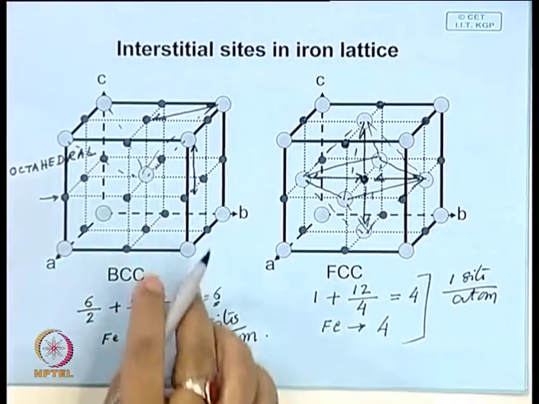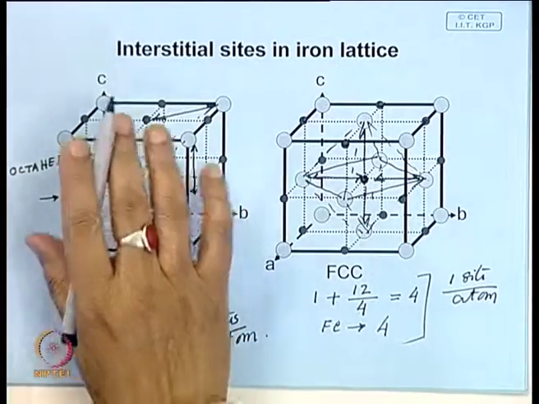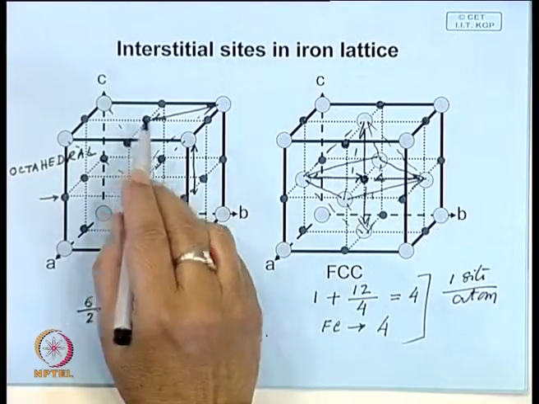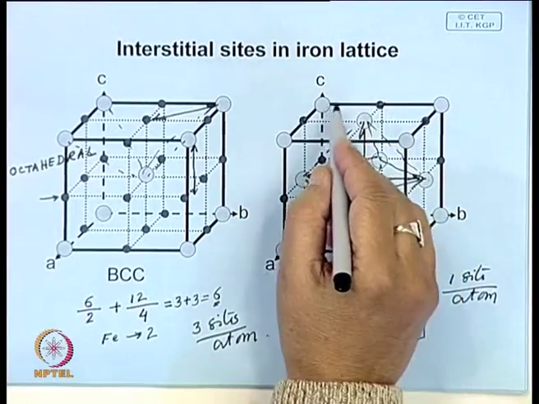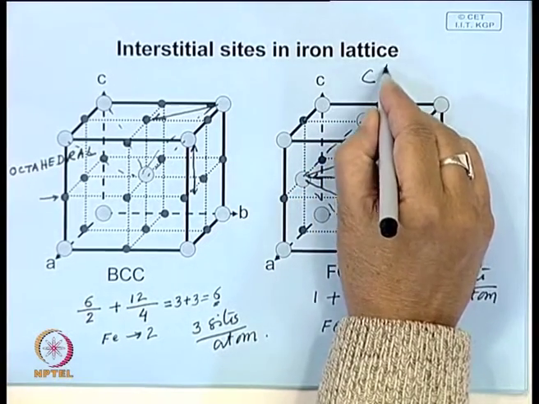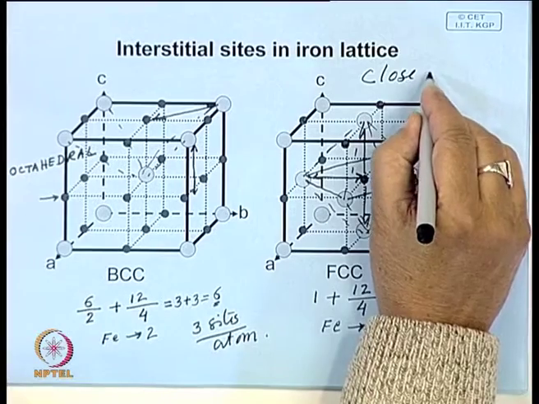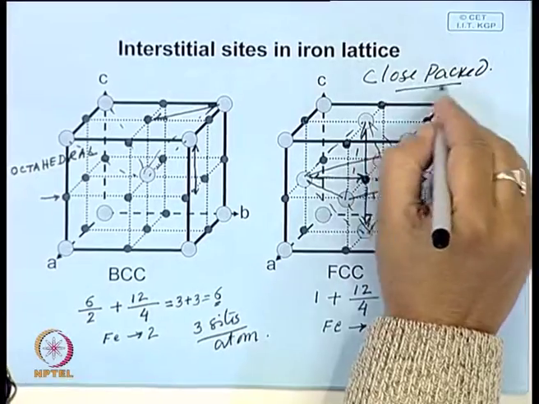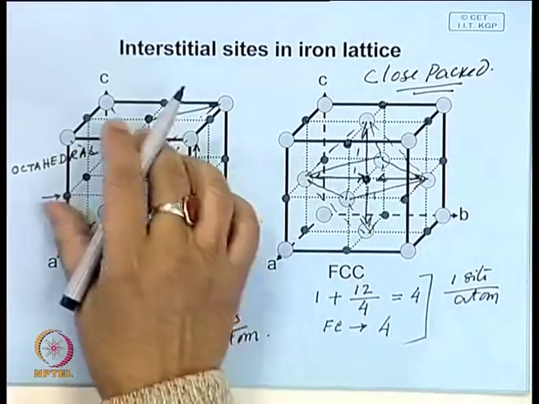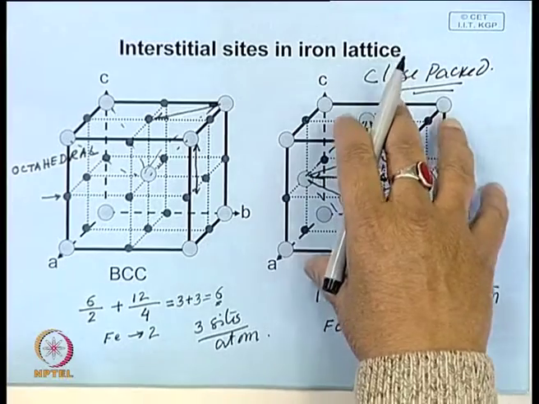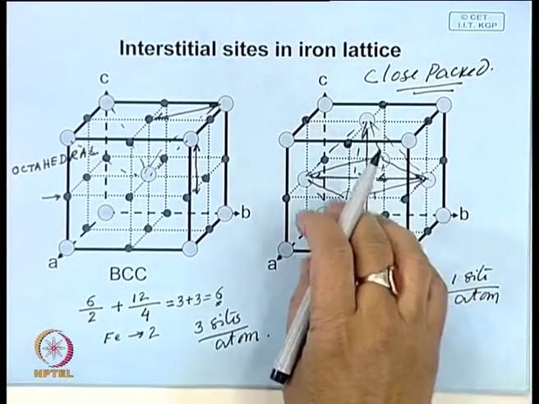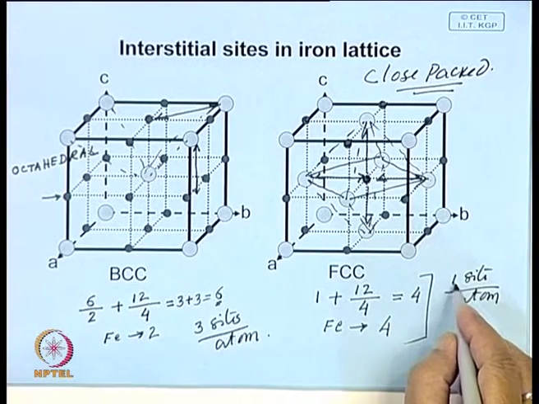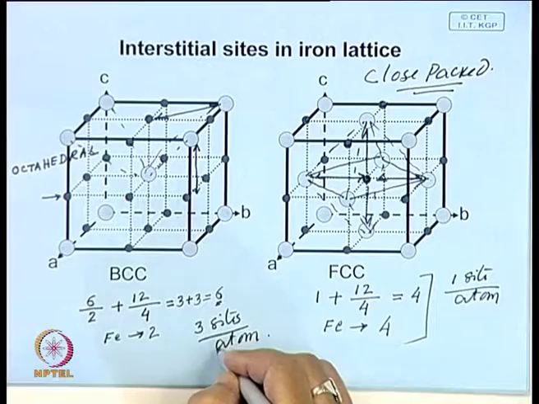So, obviously, even though we know that the BCC structure is not as close packed as face centered cubic. Face centered cubic is also called close packed structure. This has the maximum packing density, but although the packing density is higher, the gaps whatever you have are larger, because you have 1 site per atom and in BCC you have 3 sites per atom.